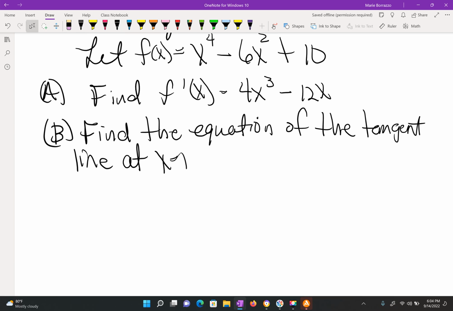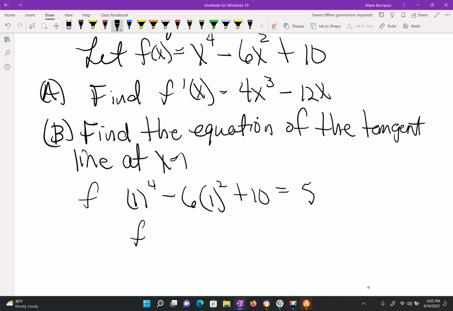At x equals 1, that means that we have 1 to the 4th power minus 6 times 1 to the 2nd power plus 10. So that's 1 minus 6 plus 10. That gives us 5. Using the first derivative, because remember this is f of x, and this is the first derivative, which is going to give us 4 times 1 cubed minus 12 times 1, and that gives us negative 8.